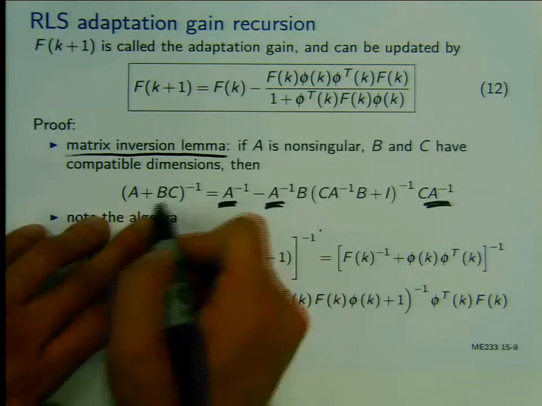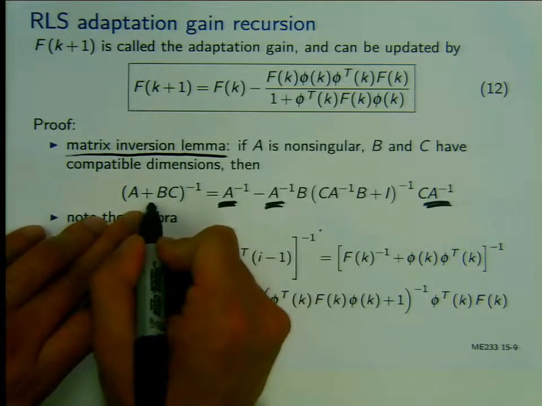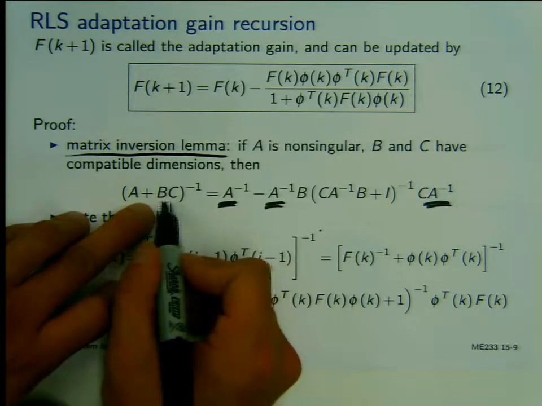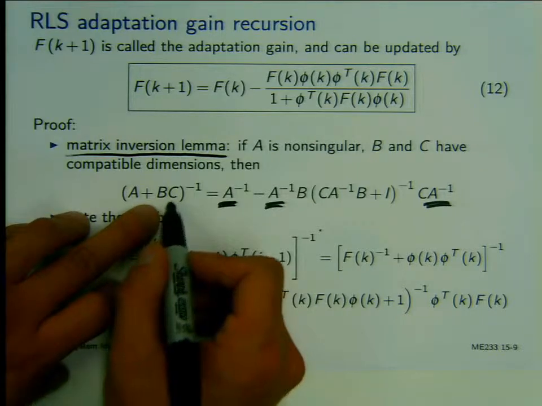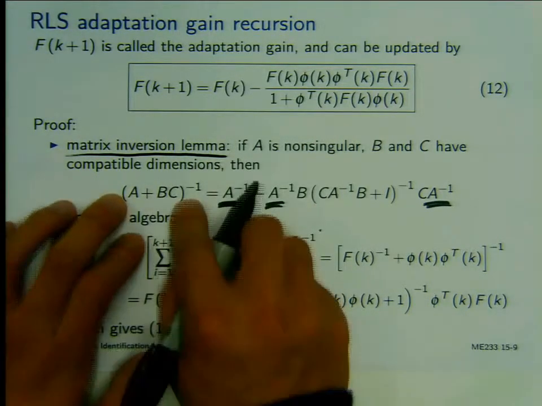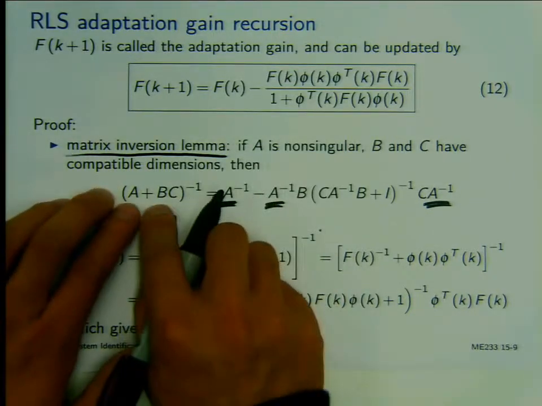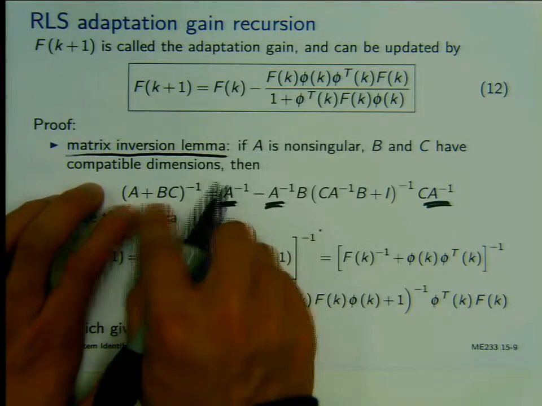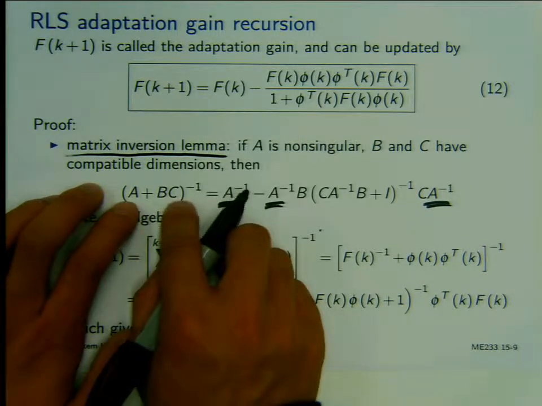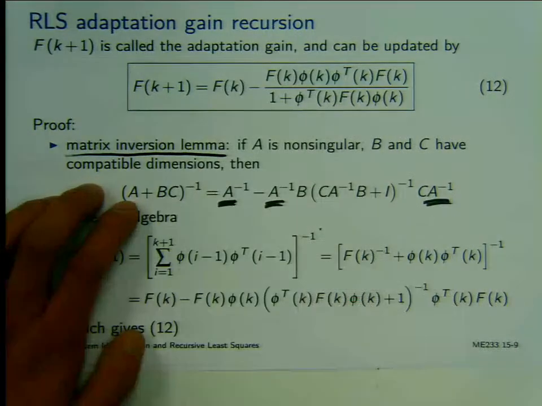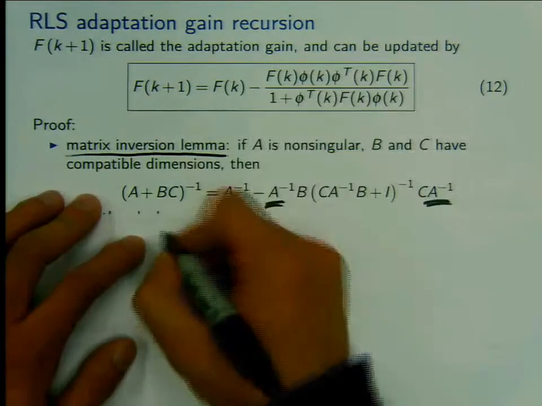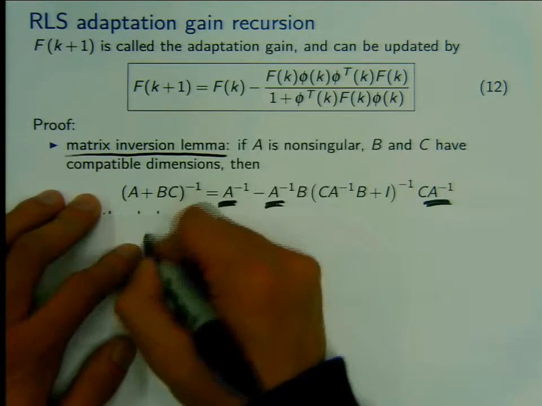I want to show you, however, the intuition behind this. Let's suppose BC is some positive definite matrix. So let's assume that the size of the matrix is roughly increased from A to A plus BC. So if you have something that's increased, let me do a scalar intuition.